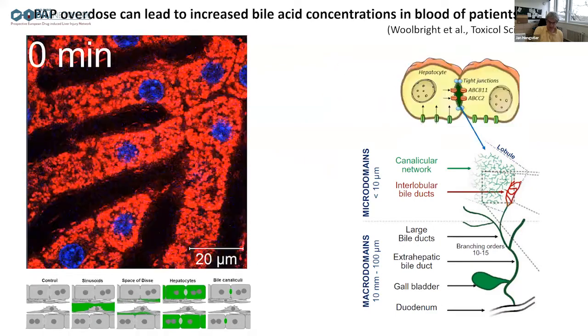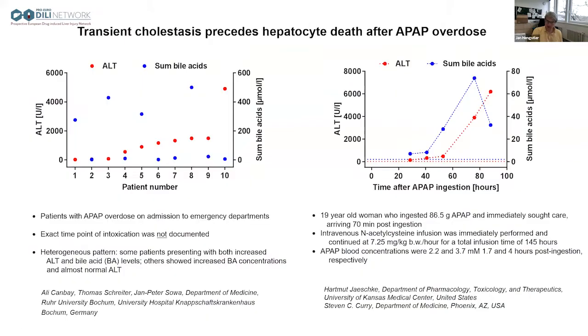And so what this hypothesis means is that the bile canaliculus, which is shown here, becomes leaky and releases bile acids at a very early time point after intoxication.